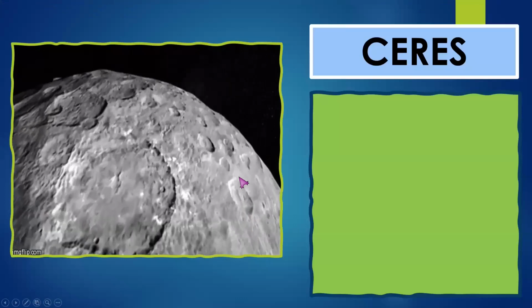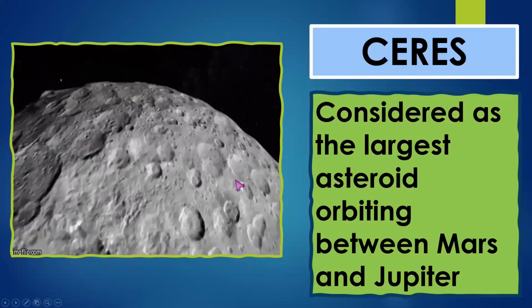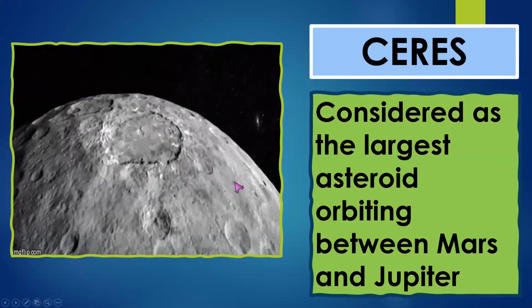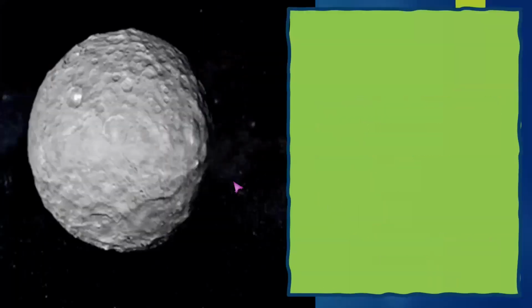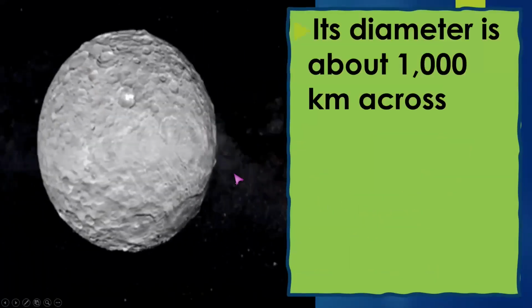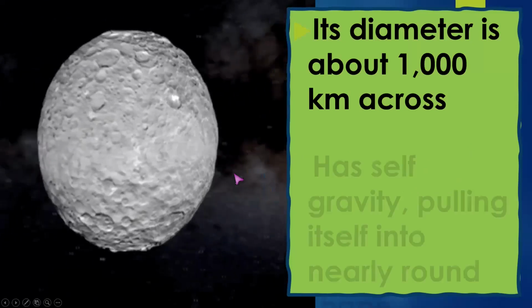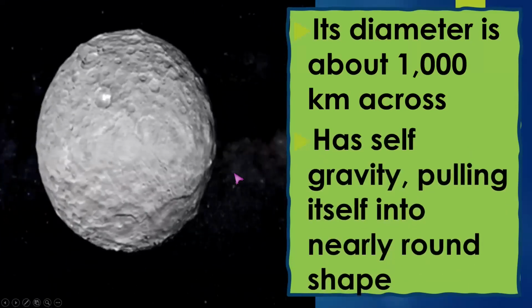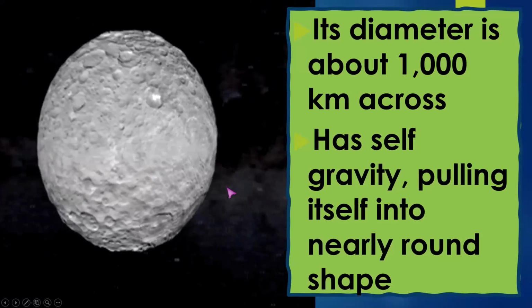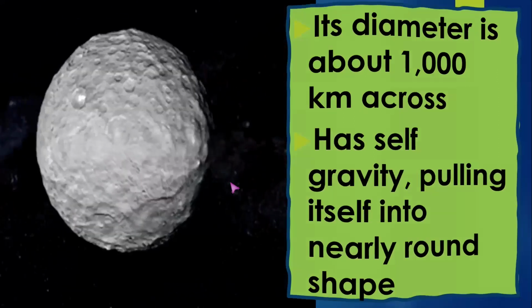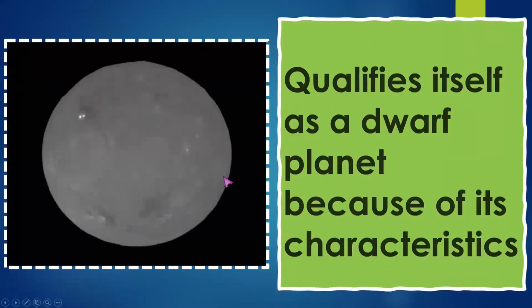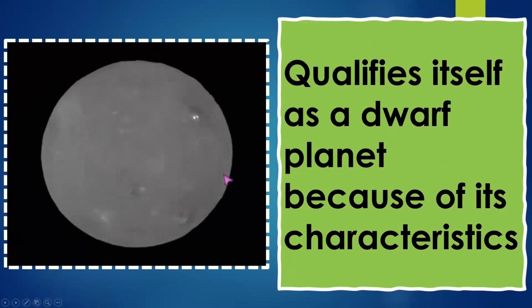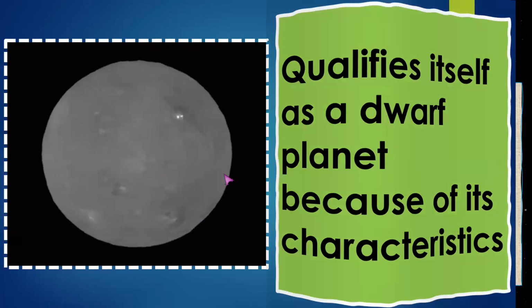Next is Ceres, considered as the largest asteroid orbiting between Mars and Jupiter. Its diameter is about 1,000 kilometers across and it has self-gravity pulling itself into a nearly round shape. It qualifies as a dwarf planet because of its characteristics.